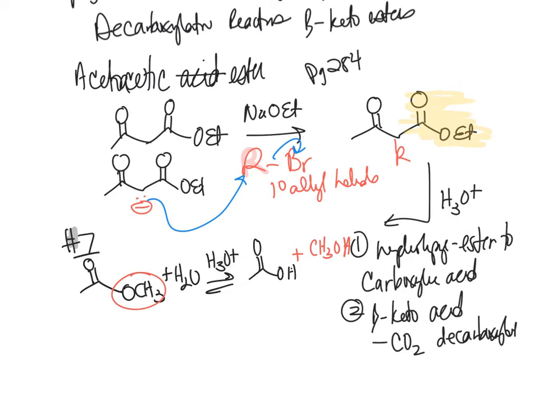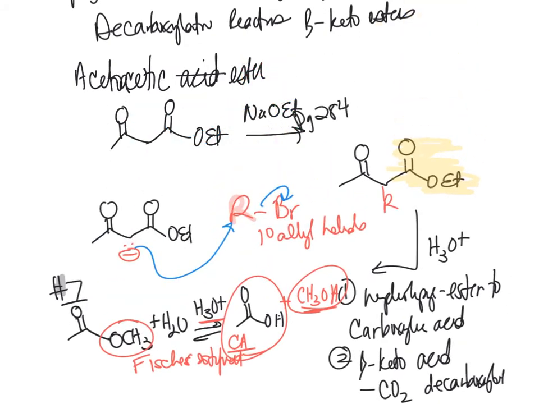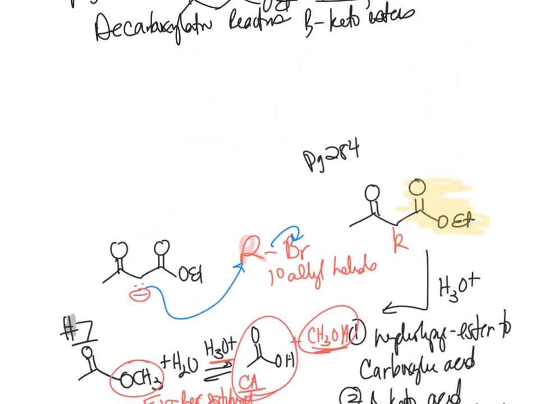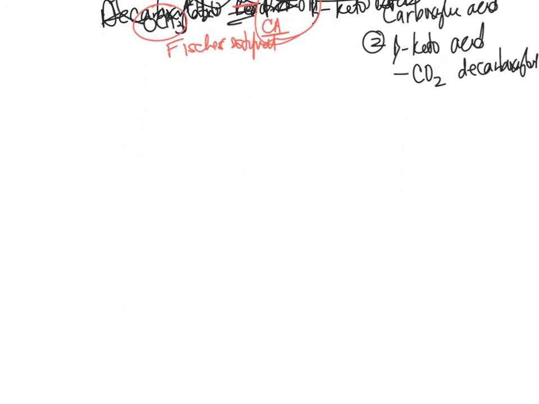So what are the products of the acid catalyzed hydrolysis? Basically the carboxylic acid and the methanol. And if you go the other way, it's Fischer esterification: carboxylic acid, alcohol, and an acid. So this is the same thing as Fischer esterification.